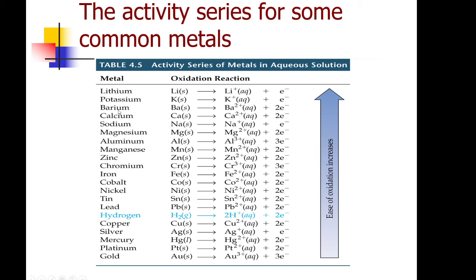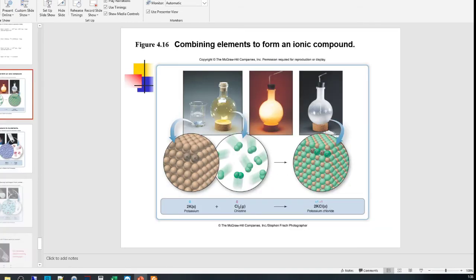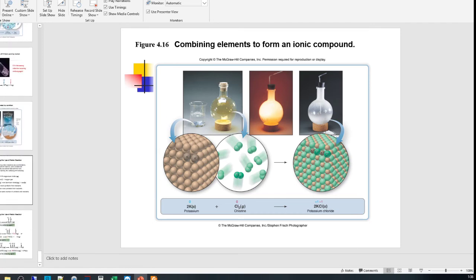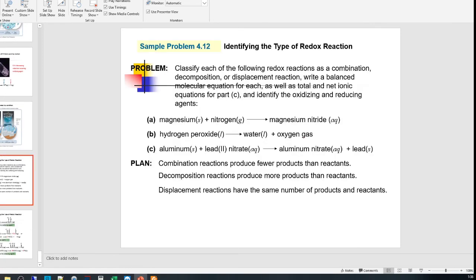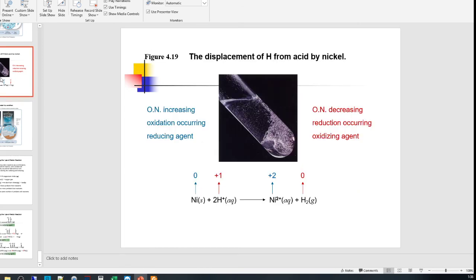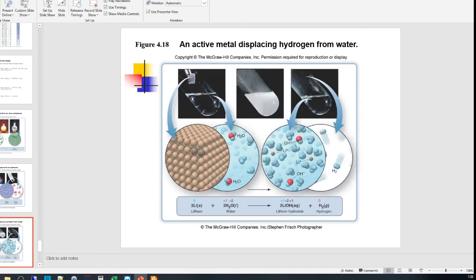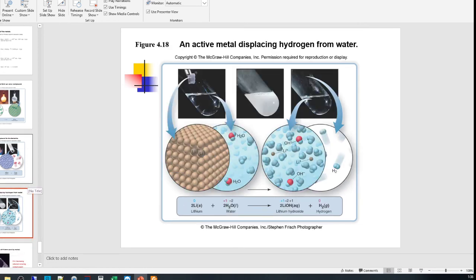And these are just, if you want to look at them, different reactions that undergo redox: decomposition reactions, combination reactions, metals and acids, things like that.